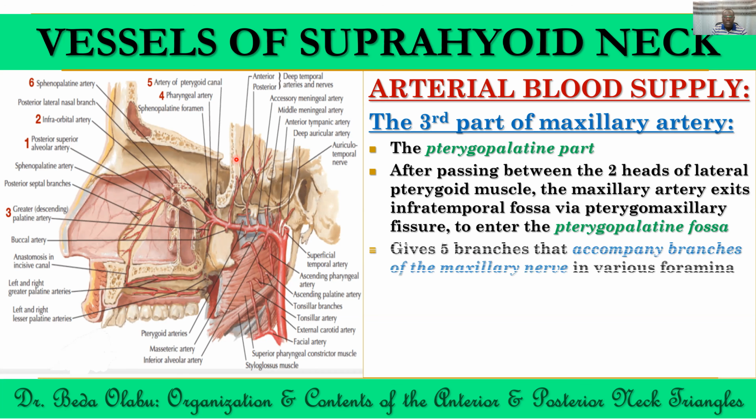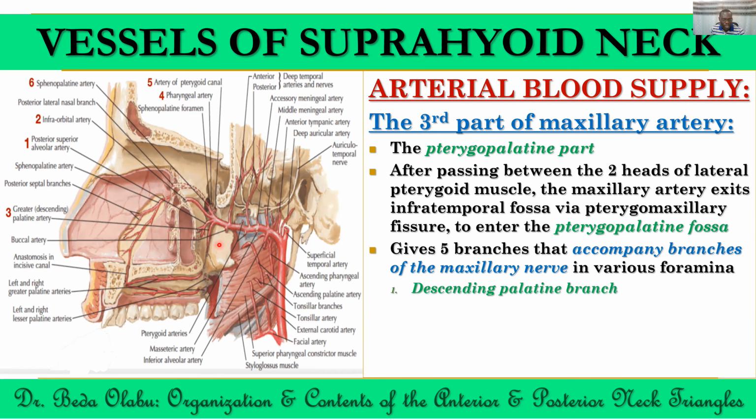All right. The branches from the third part can be 5 or 6. What is important about them is that they accompany the branches of the maxillary nerve into various foramina. So in this case, we'll also expect some foramina and also some nerves that accompany the arteries. We have the descending palatine branch, which is this one. The descending palatine branch passes through the pterygomaxillary fissure.